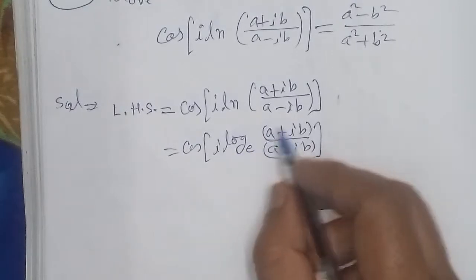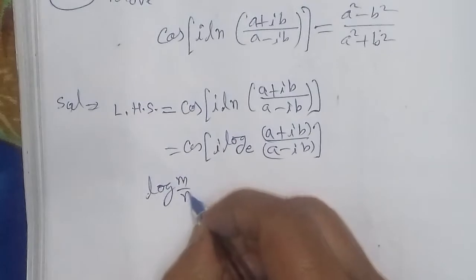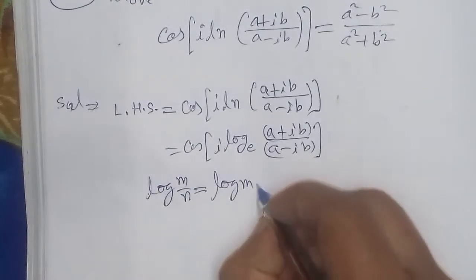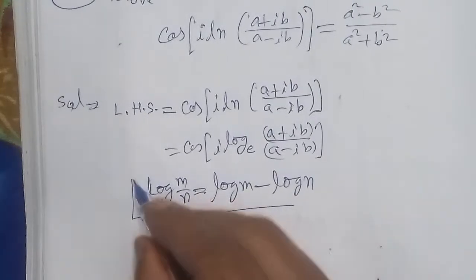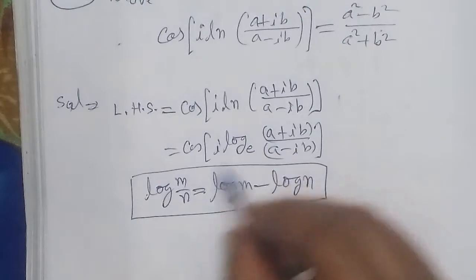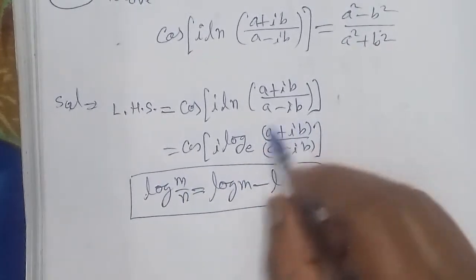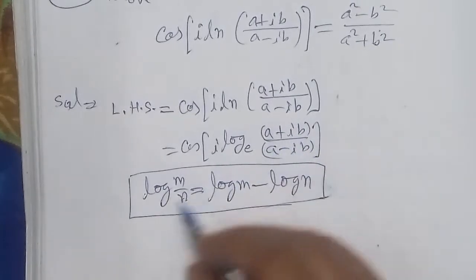Now we apply the simple formula of logarithm, log(m/n) equals log m minus log n. Here m is a + ib, and n stands for a − ib. So we apply this formula here.